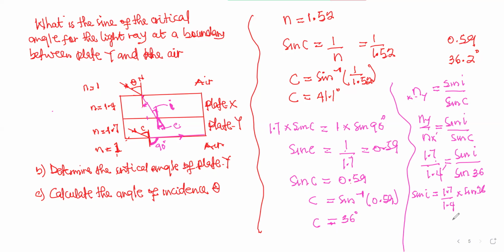It will give you 0.7137, like so 0.72. So what is I? 45.54. Okay, 45.